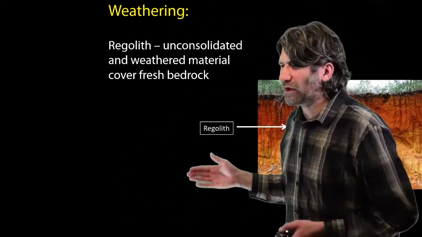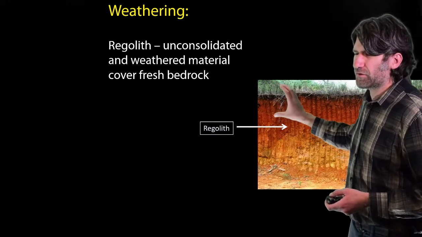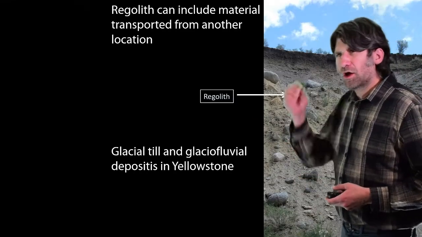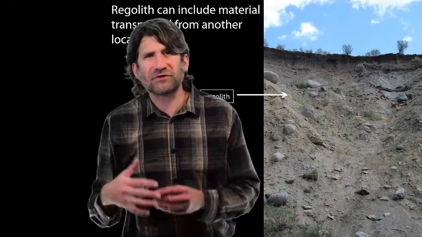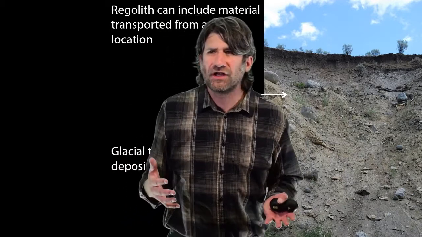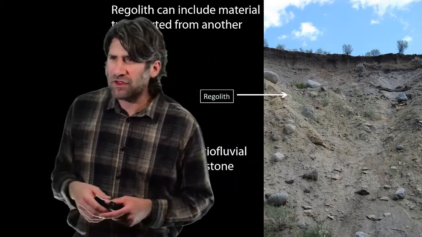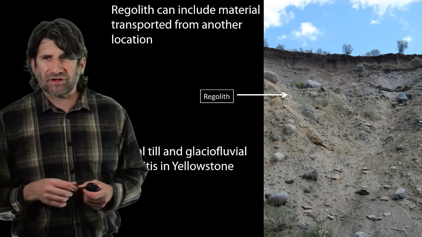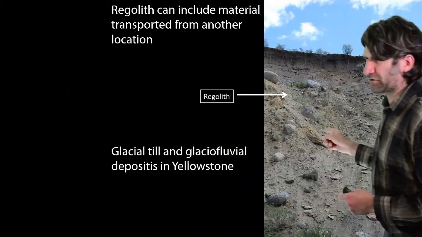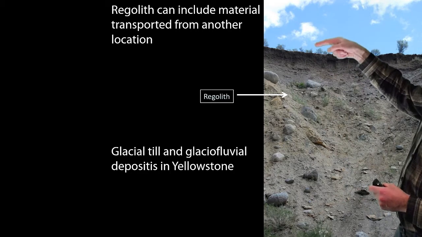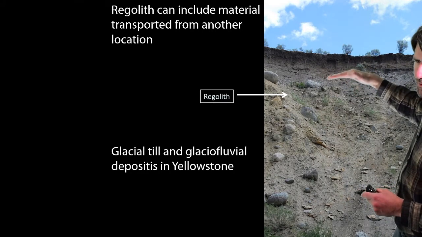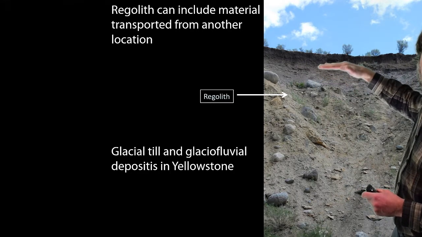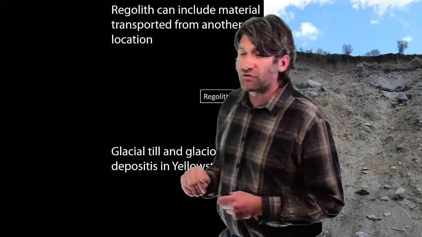This is one type of regolith that's created from the breaking up of local bedrock. But we can also have regolith that's been transported from another location. Here we're looking at regolith from Yellowstone National Park, basically a till deposit on the bottom. Here's some till, and then on top of the till we have some glacial-fluvial deposits that are slightly more sorted.